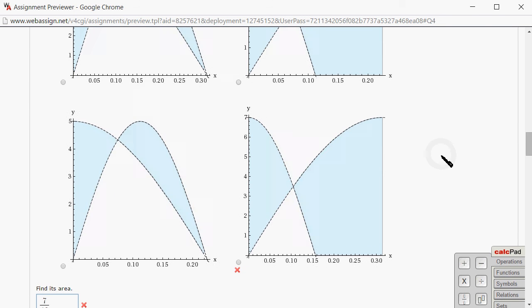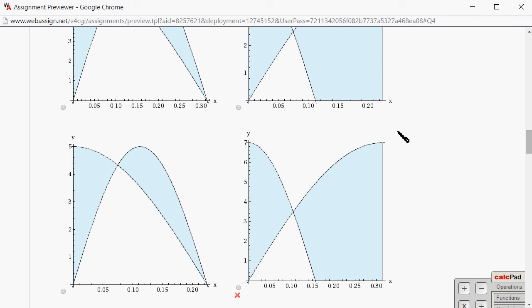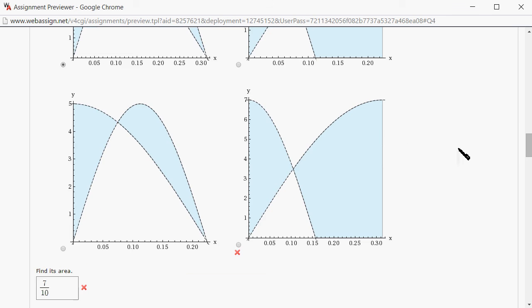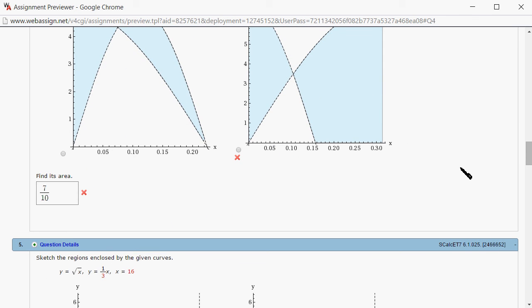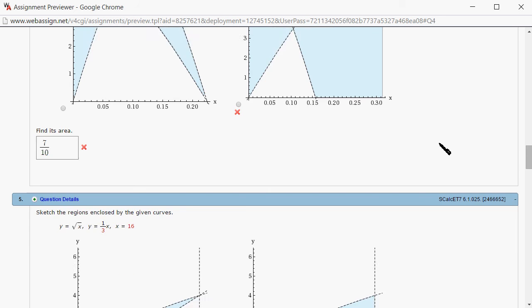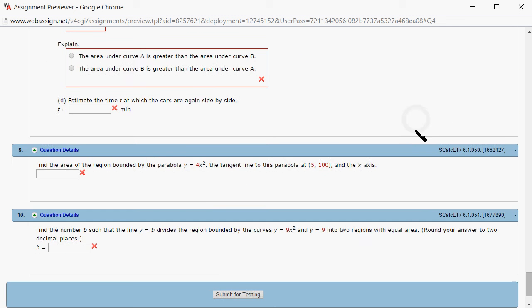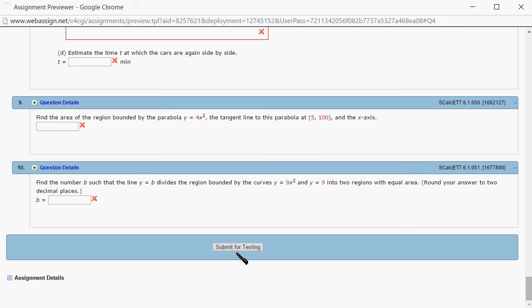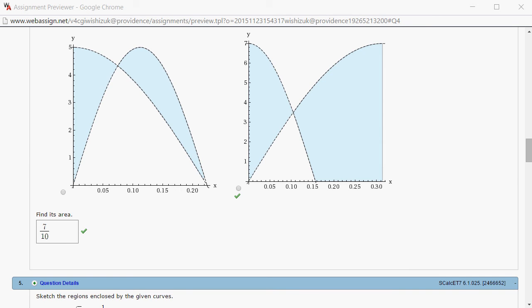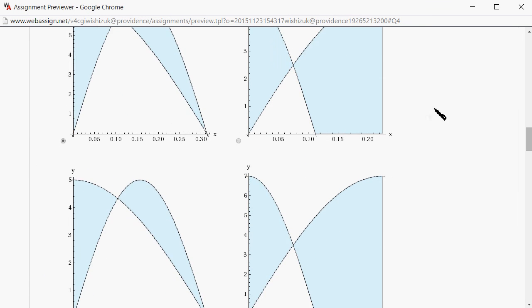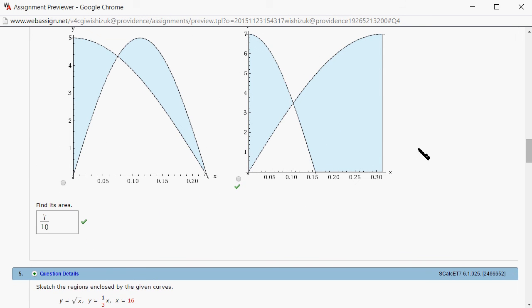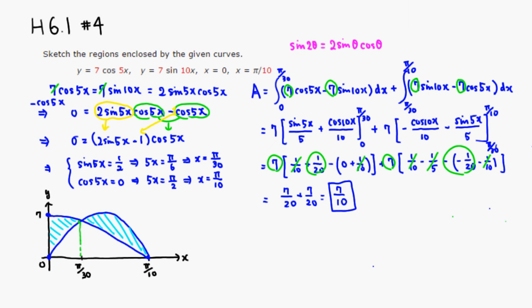So it's going to look something like this one right here, and then the area is 7/10. So let's check the answer. Submit for testing. It came back and looks like we got the correct region and the correct area. All right, that's it. I hope that this was clear.